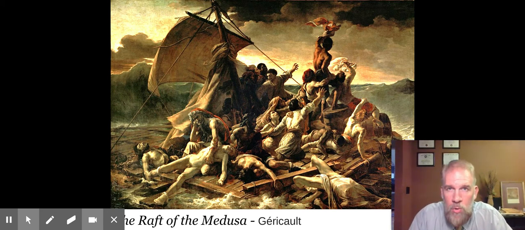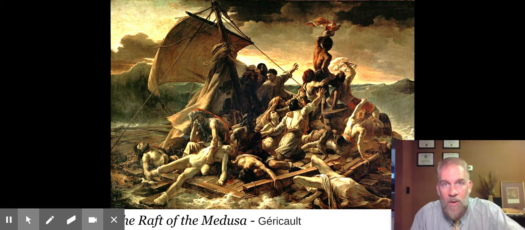Most of them are soldiers, but not all. And they load these people onto this raft that they made out of the parts and bits of wood of the original ship. And the plan is that they're going to tie lines, ropes to this ship and tow it. They have 60 miles of ocean to travel to get to the coast of Africa.